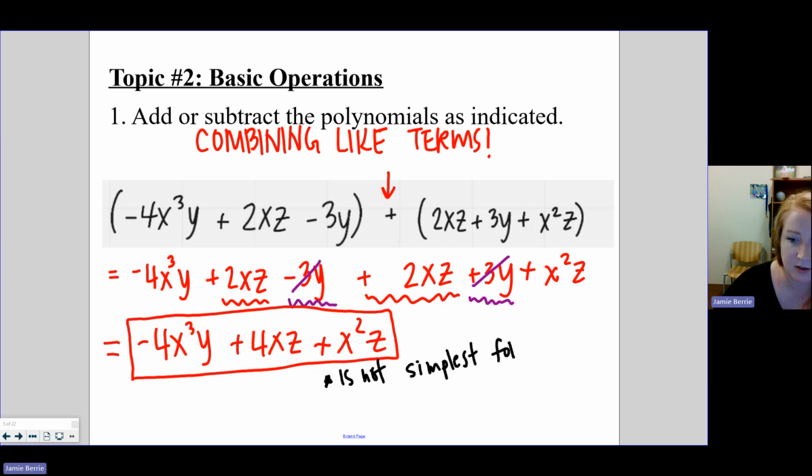We'll talk about in a little bit how we could make that into simplest form. But just for our purposes, we just want to note that this is not in simplest form, but they did not ask us to simplify, so we don't have to take it any further than that.